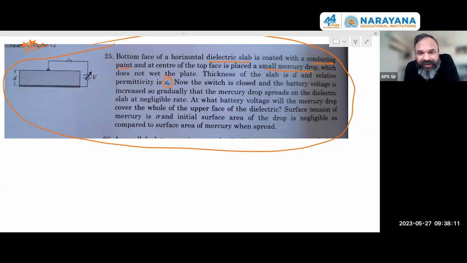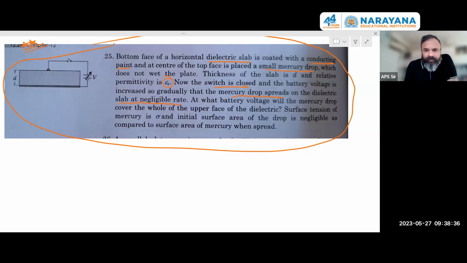The switch is closed here and the battery voltage is increased gradually so that the mercury drop spreads on the dielectric slab at a negligible rate. So as you are changing the voltage, that mercury drop is spreading at a uniform rate, which is negligible.